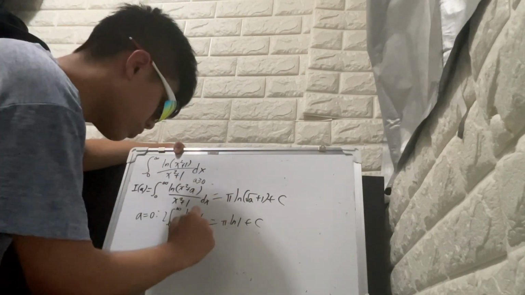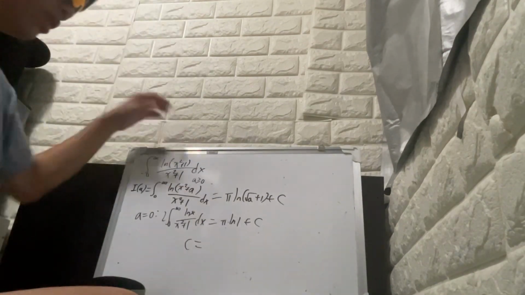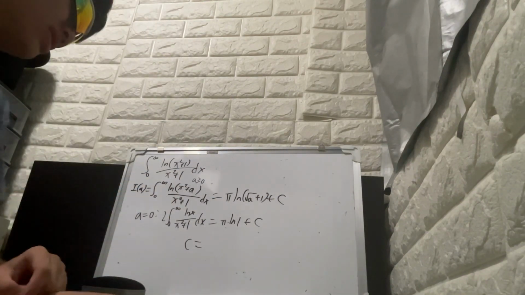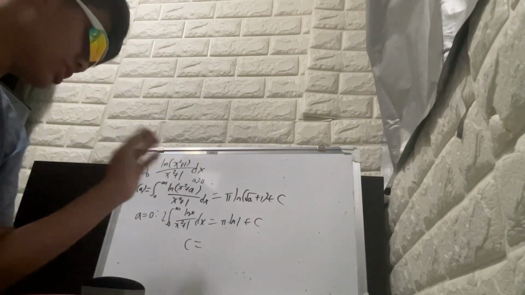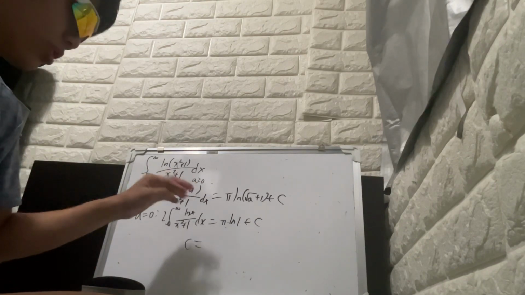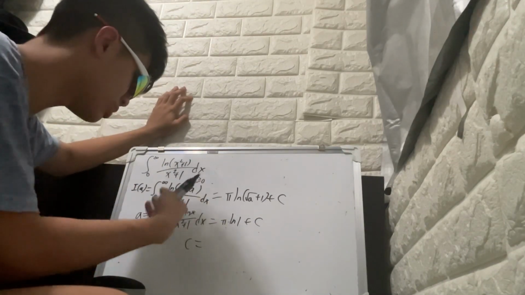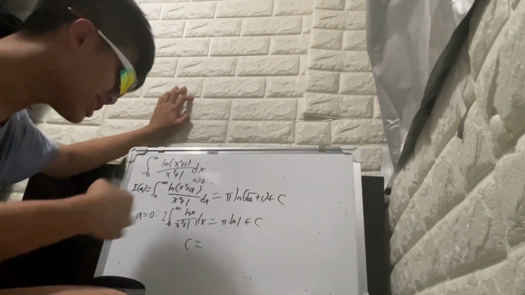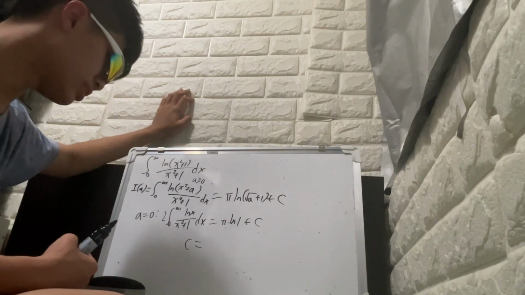So overall, let me put down a c in front, and let me do the integral of this. This is a really famous integral. You can let x equal tangent theta, and then this and that secant squared theta just cancel each other out. You just integrate ln of tangent theta from 0 to pi over 2, and that solution is just equal to 0. But I'm going to show you how to do that.